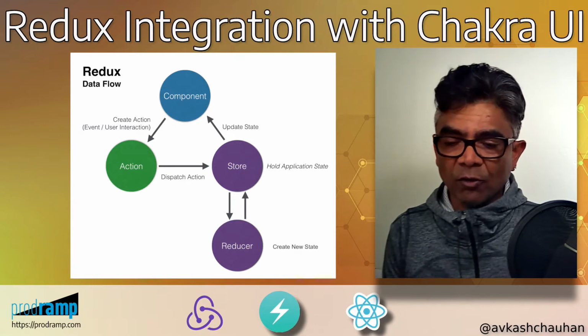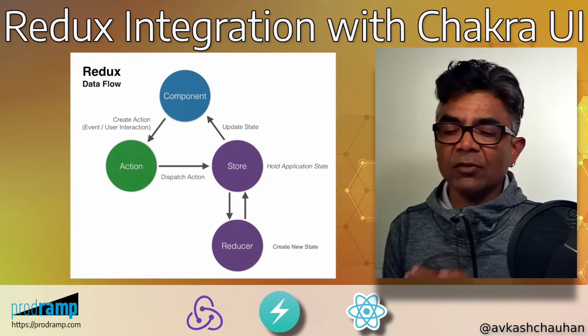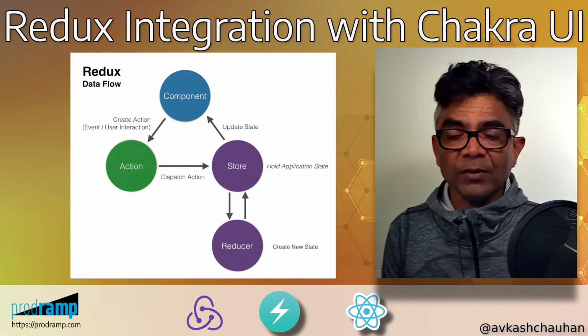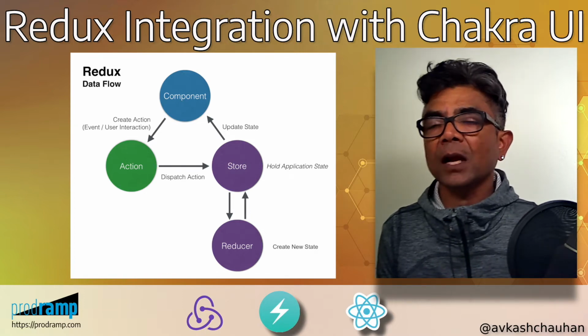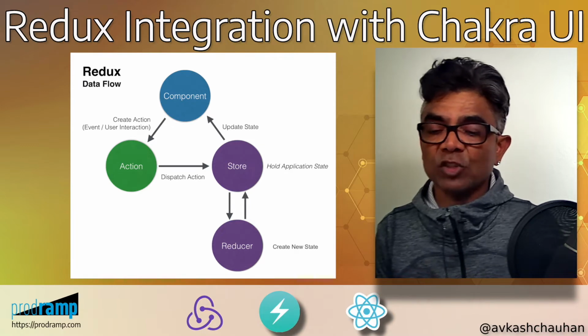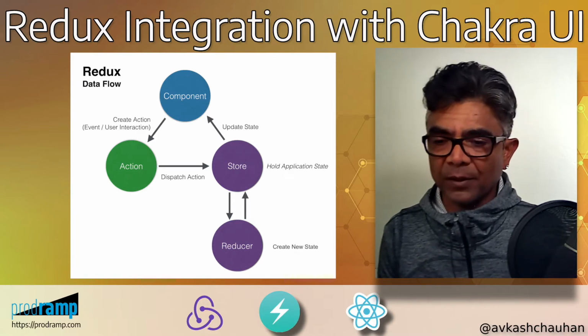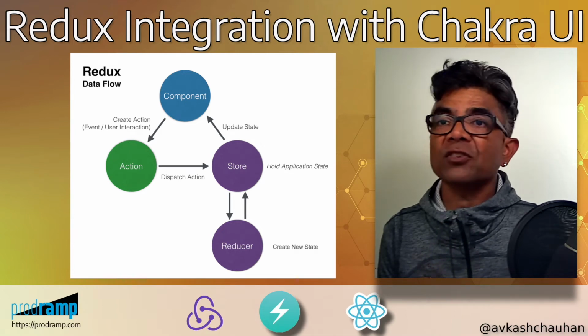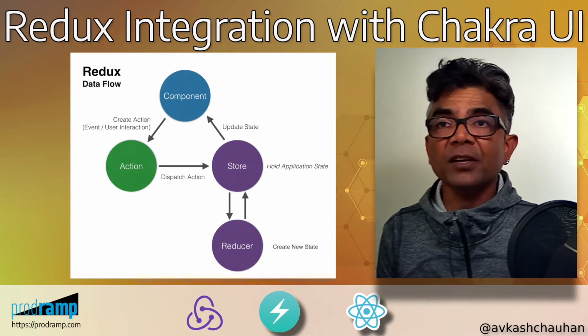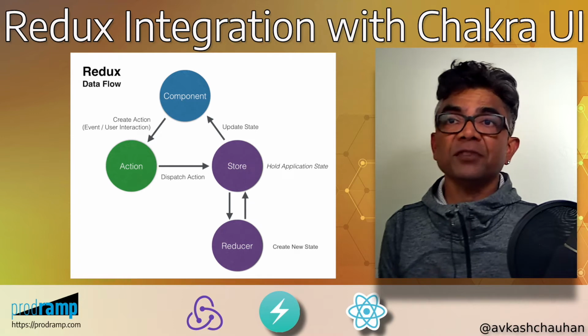So interaction between the users and the store happens every time the dispatch action happens, and that's initiated by your component. A store holds the application state and the data associated with those states.